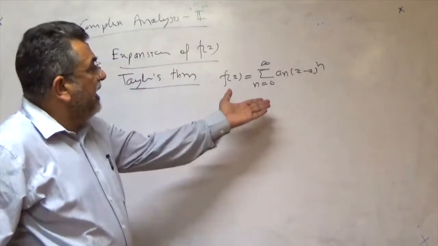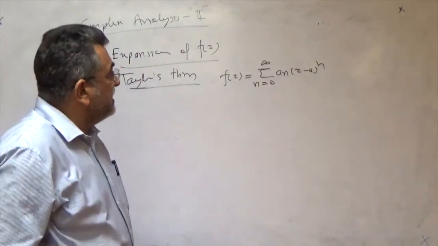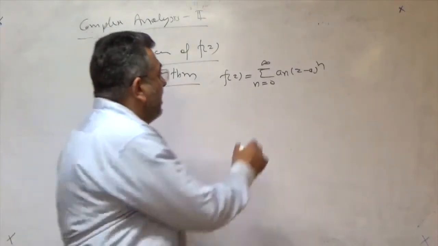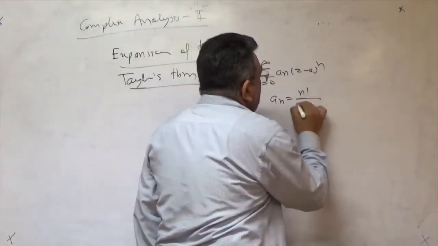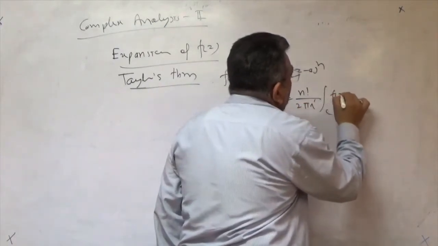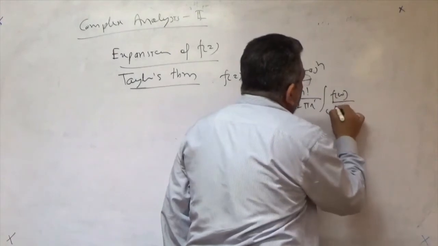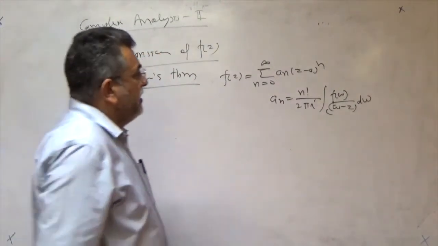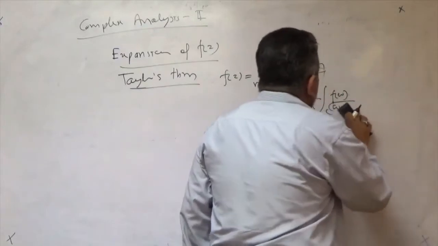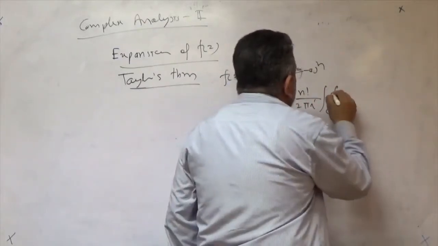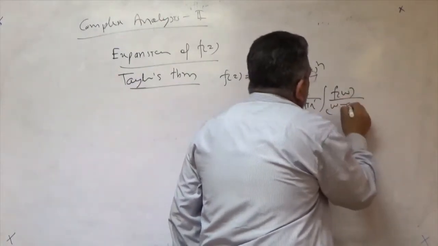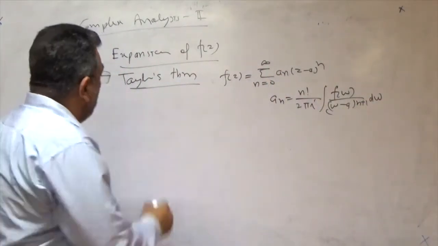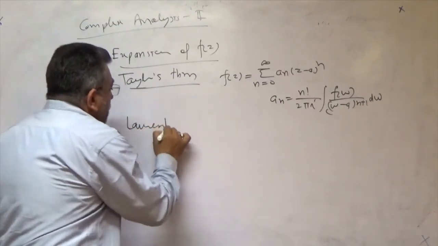This is the infinite expansion in powers of z minus a, or you can say the expansion of the given function by Taylor's theorem about the point a, or in the neighborhood of the point a, where a_n is defined as 1 upon factorial n, that is 1 by 2 pi i, integral over C of f(w) upon (w minus a) to the power n plus 1 dw. This is the coefficient.